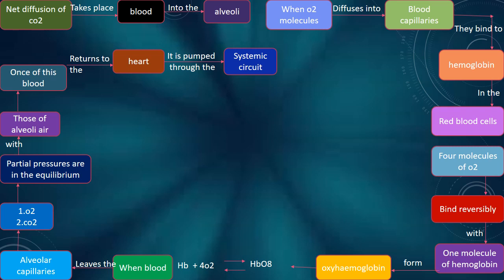When blood leaves the alveolar capillaries, the partial pressures of O2 and CO2 are in equilibrium with those of alveolar air. Once this blood returns to the heart, it is pumped through the systemic circuit.